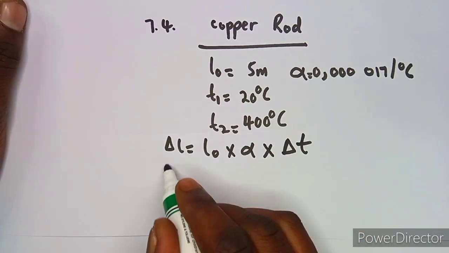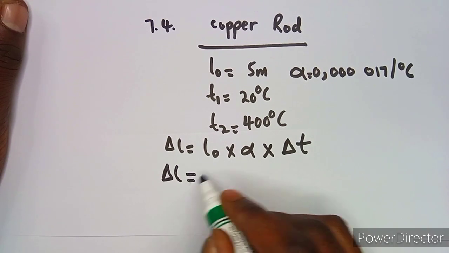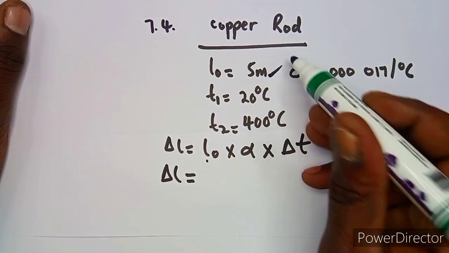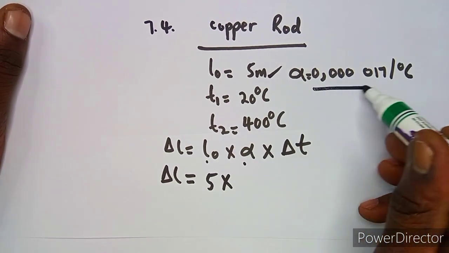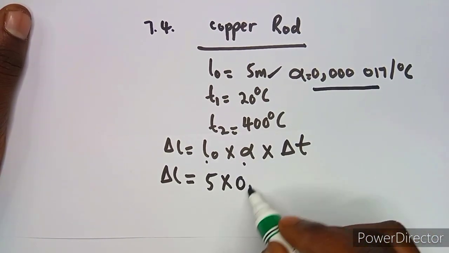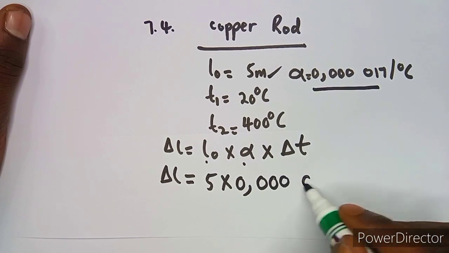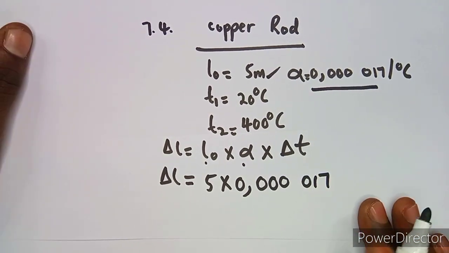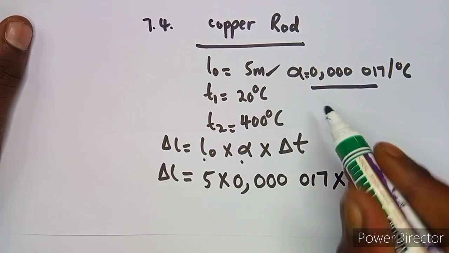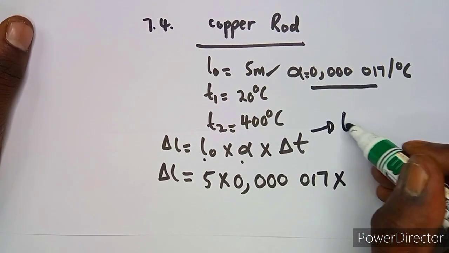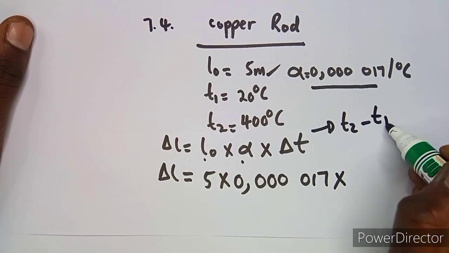So let's substitute here. The change in length is going to be the original length, which is 5 meters, times the linear coefficient, multiplied by the change in temperature. The change in temperature means T2 minus T1.